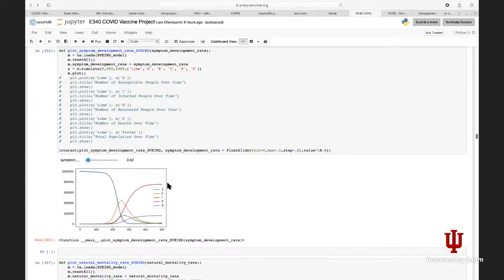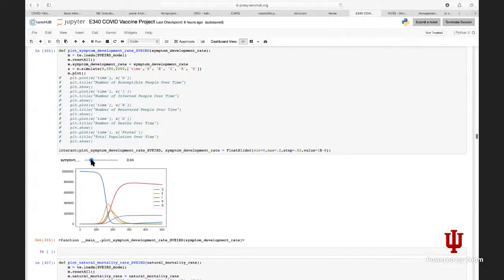But if we start to increase it, then we're seeing that we have some asymptomatically infected individuals followed by a peak soon after. We're seeing a bit of infected individuals, and we expect that the peak for asymptomatic individuals comes before the peak for symptomatic individuals because everyone has to go through the asymptomatic phase first before becoming symptomatic.